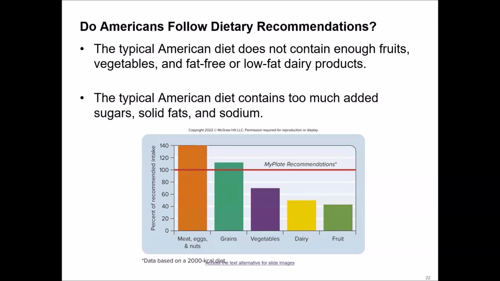Those are fats that are solid at room temperature, and sodium or salt. And so those are just some things to consider there.